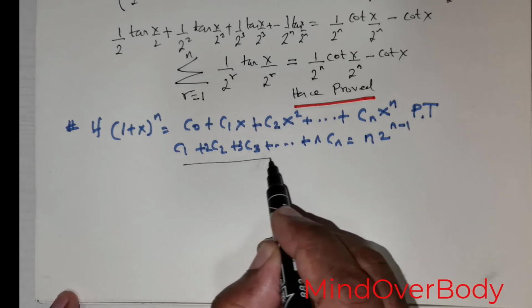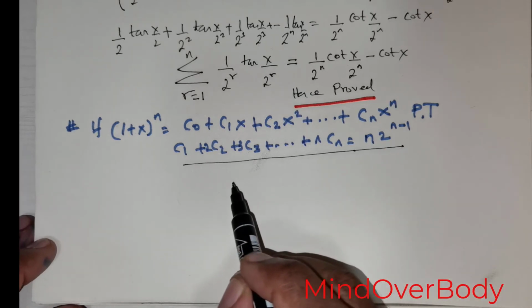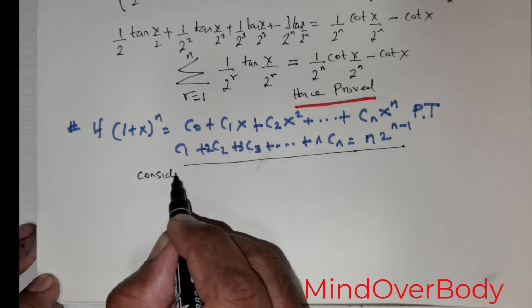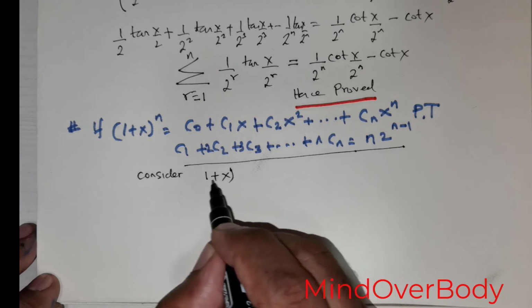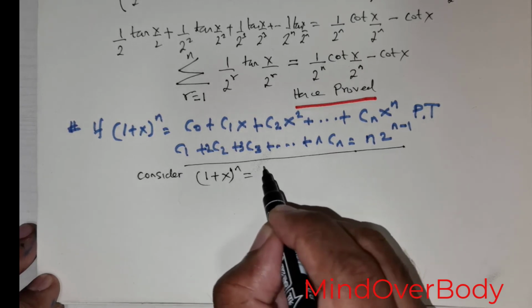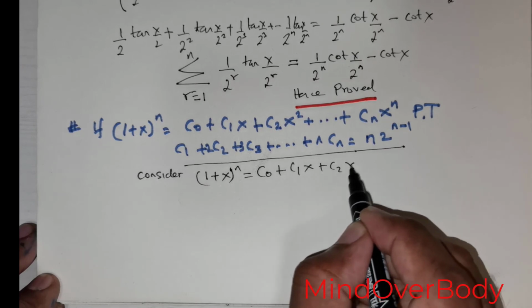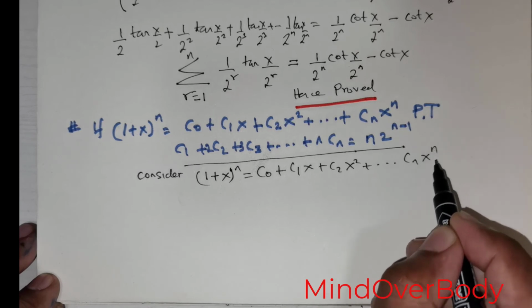So we need to prove this. This is required. So what I am going to do is, I'm just going to start off by considering 1 positive x raised to the power of n is equal to c0 plus c1 times x plus c2 times x squared plus etc. cn x raised to the power of n.